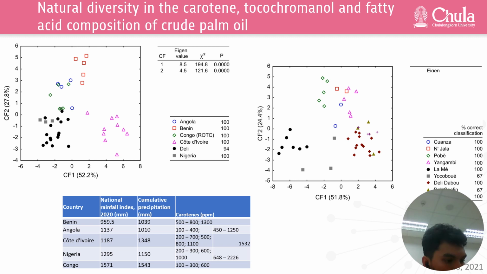You can also see the correlation between the carotene content and the rainfall index. However, the rainfall index is not included in the paper, but we can search the data on the internet, and yeah, we can find some correlation. Like in theory, we can say that the lower the rainfall index, the higher the carotene content it has.